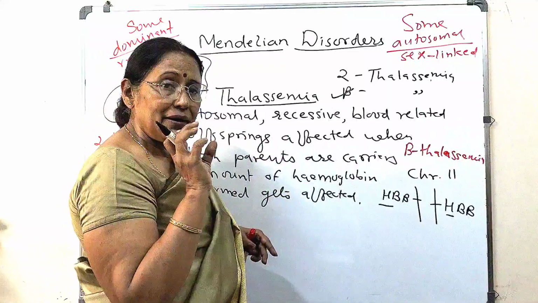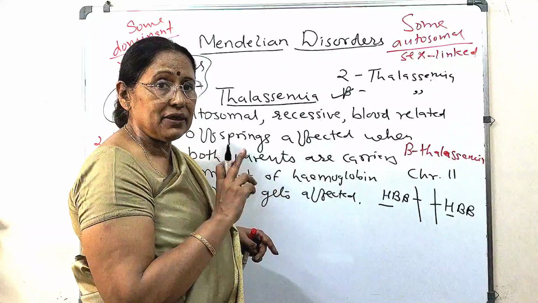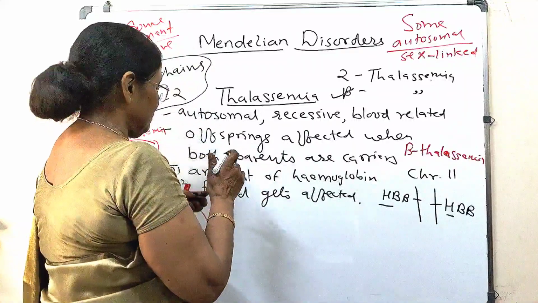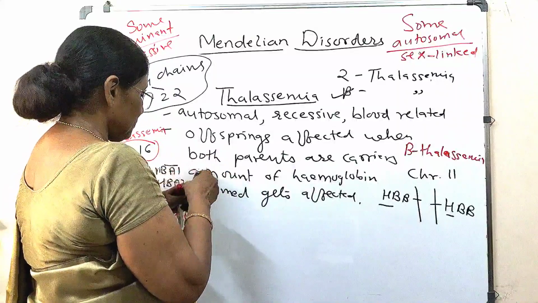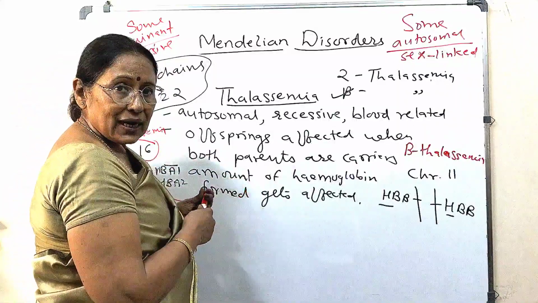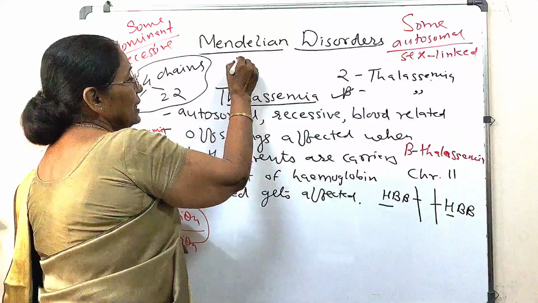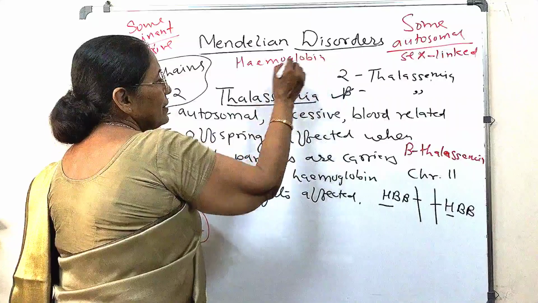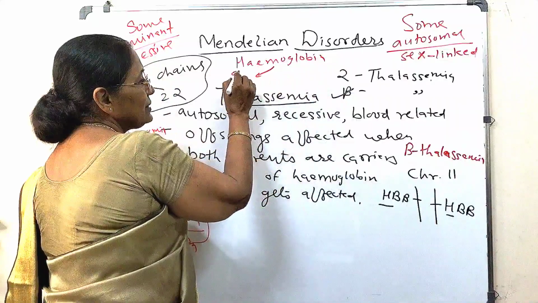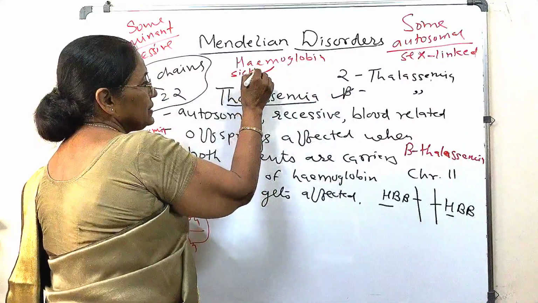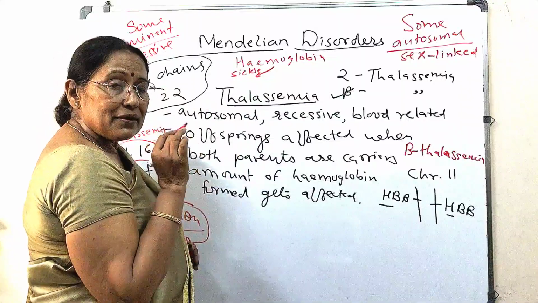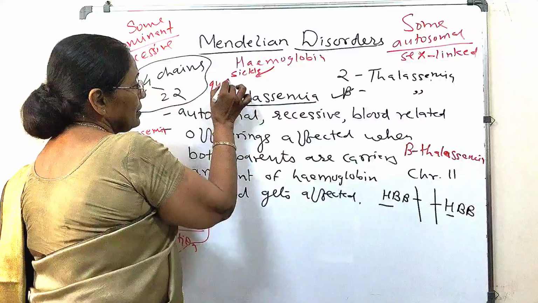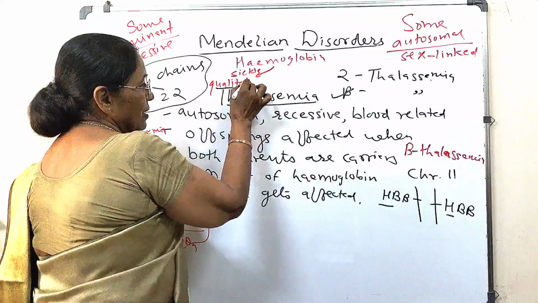the similarity and difference between sickle cell anemia and thalassemia. Both are hemoglobin related, but in case of sickle cell anemia, it is qualitative. Qualitative means its quality has become bad.